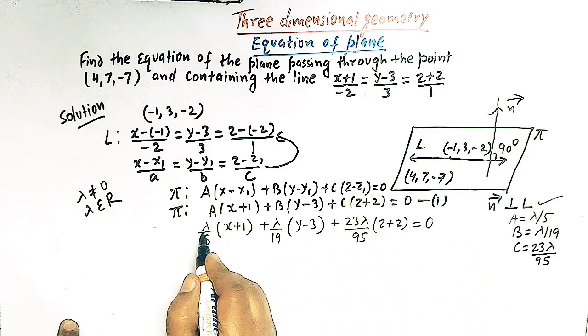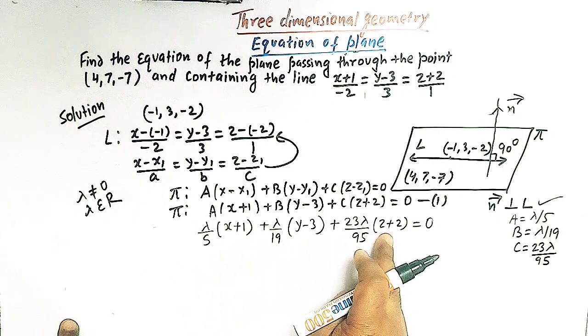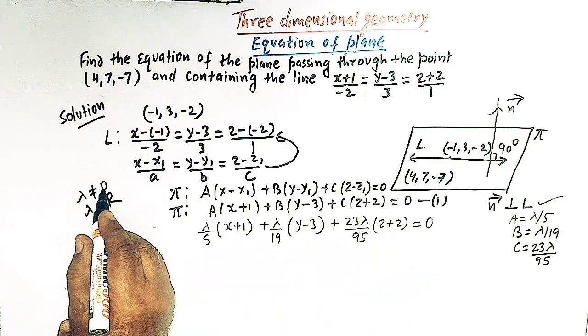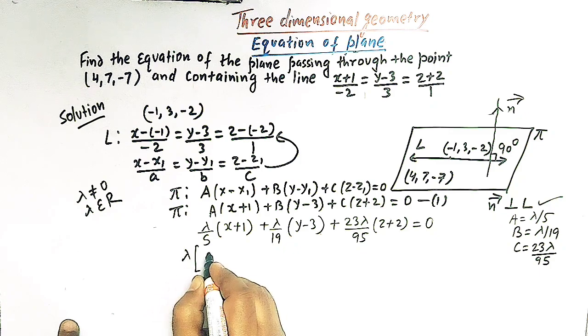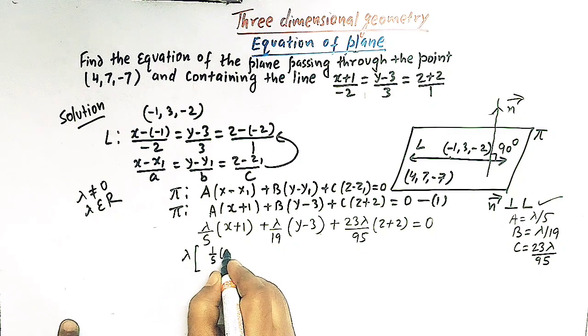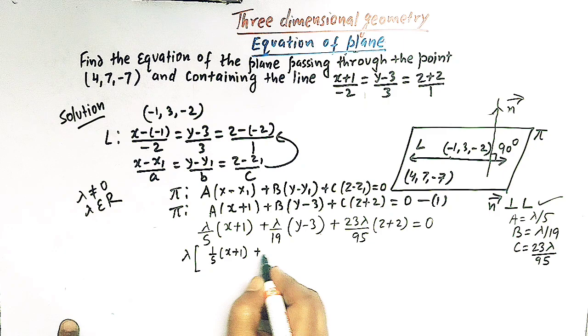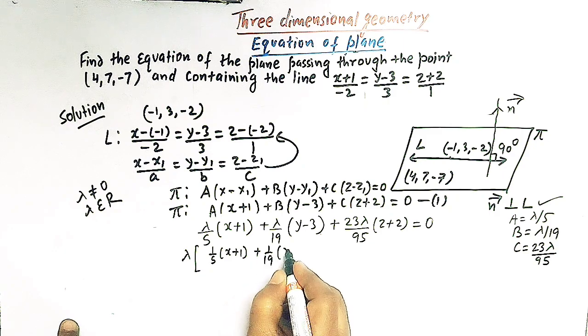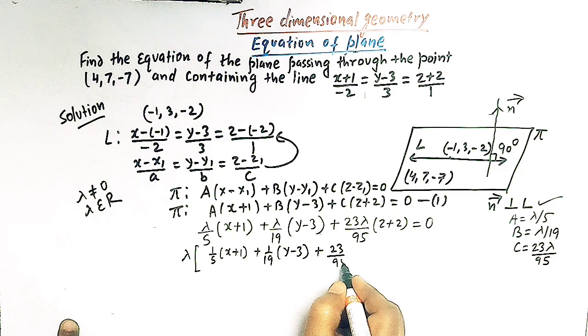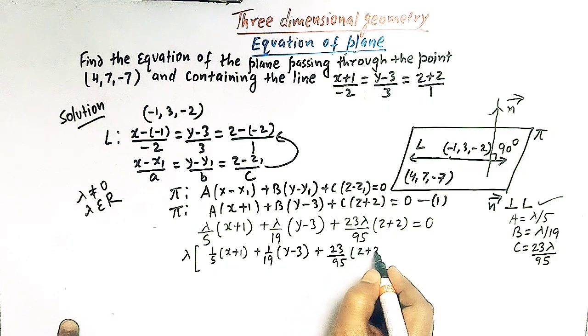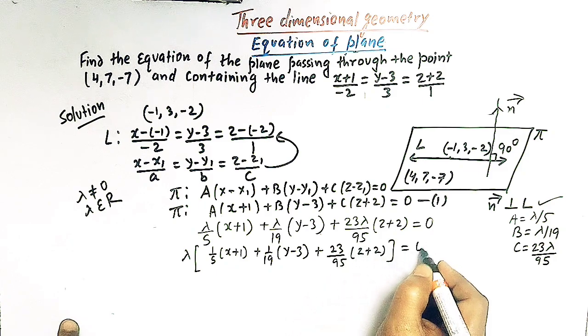So now here lambda appears in all these three terms, and lambda is not equal to 0. So we can now write lambda, and then we have 1 over 5 x plus 1, then we have 1 over 19 y minus 3, and then we have 23 over 95 and z plus 2, and here we have 0.